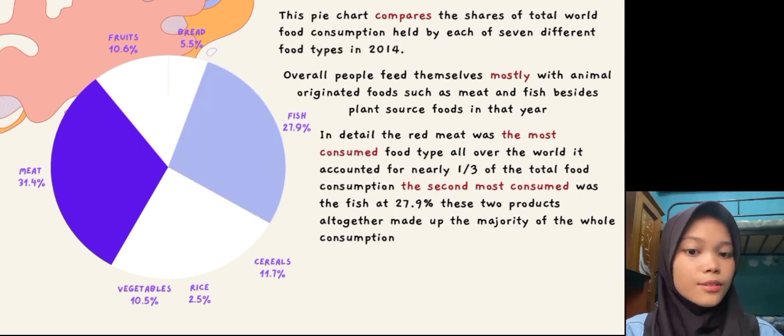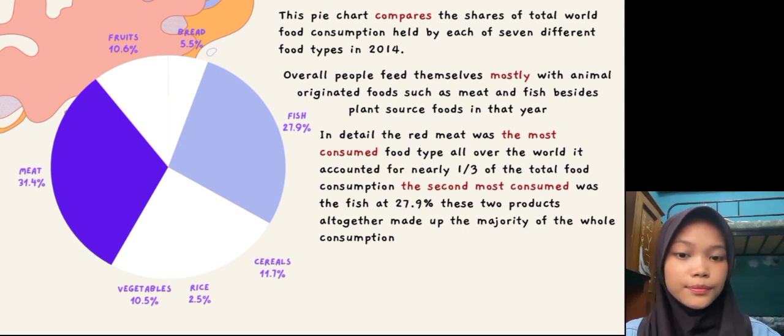In detail, the red meat was the most consumed food type all over the world. It accounted for nearly 1/3 of the total food consumption. The second most consumed was fish at 27.9%. Thus, the 2 products altogether made up the majority of the whole consumption.